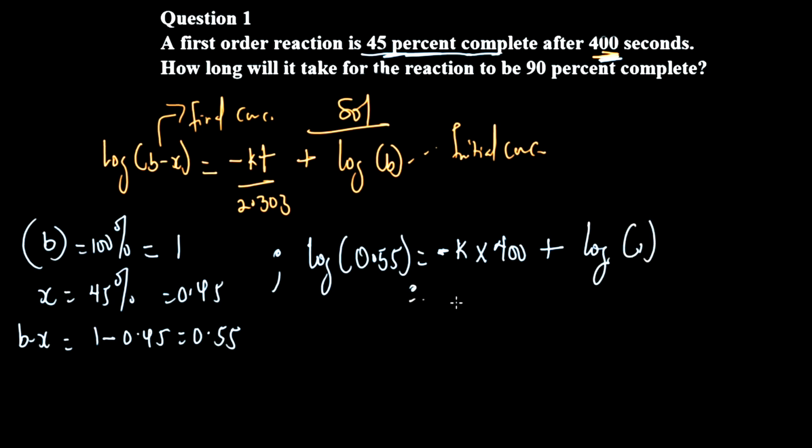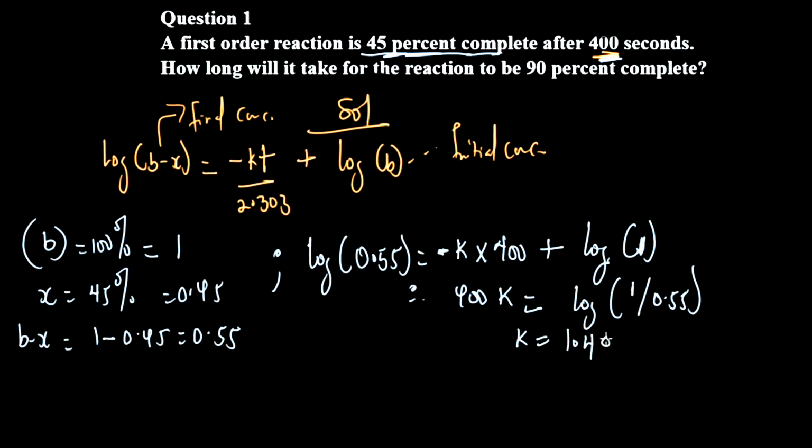So therefore 400k equals log 1 over 0.55. So we have k equals 1.495 times 10 raised to the power minus 3 s minus 1.